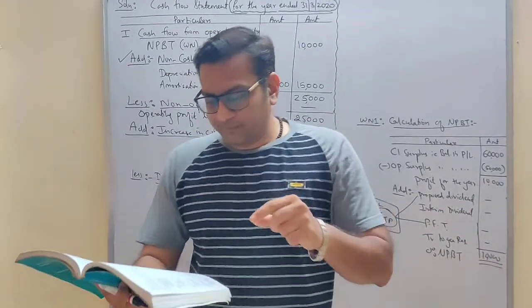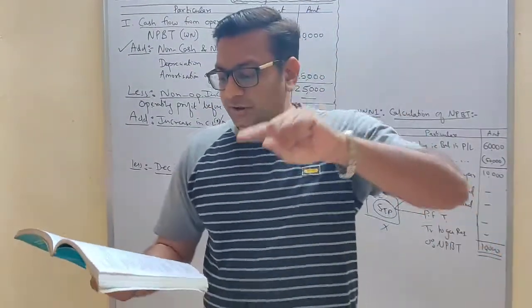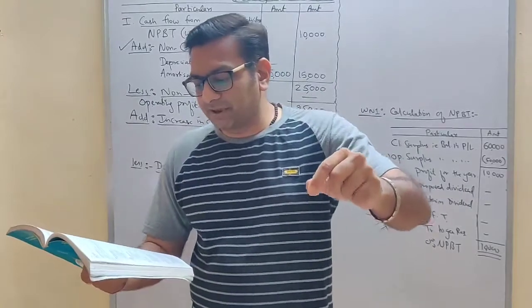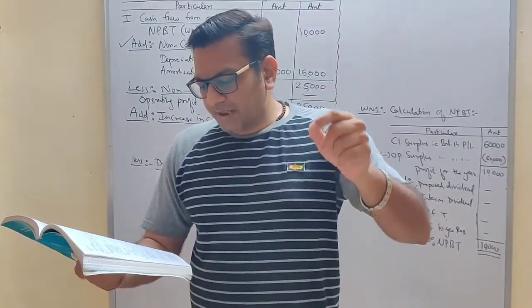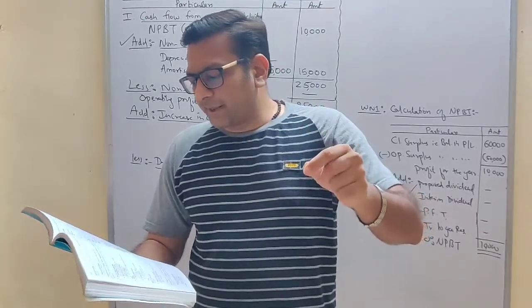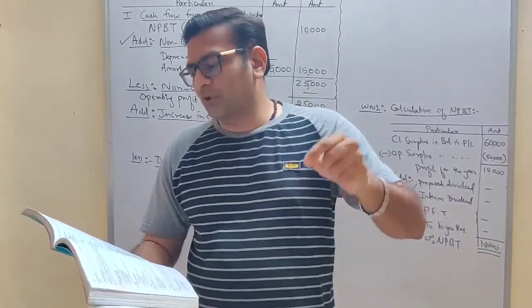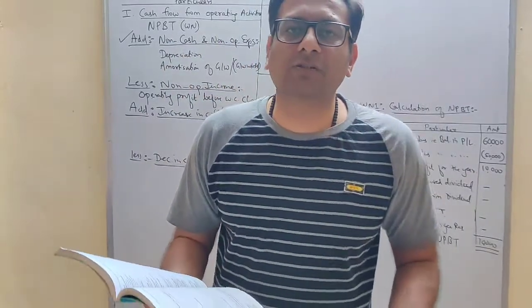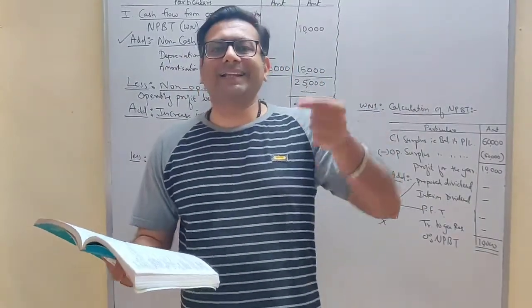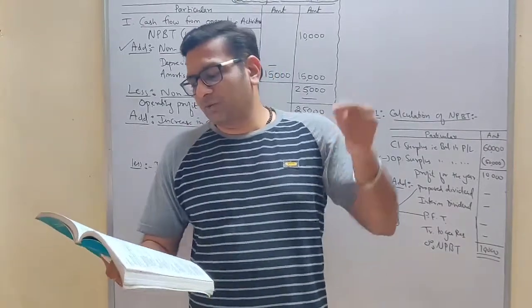Let's check current liability, students, first. So check the question and check in the balance sheet on the liability side, current liability first. Under current liability, they have given you trade payable. So trade payable opening balance was 1,05,000, closing balance is 1,40,000. So your balance got increased from 1,05,000 to 1,40,000.